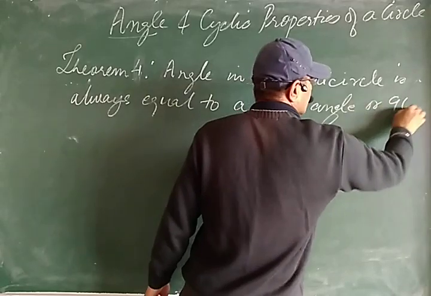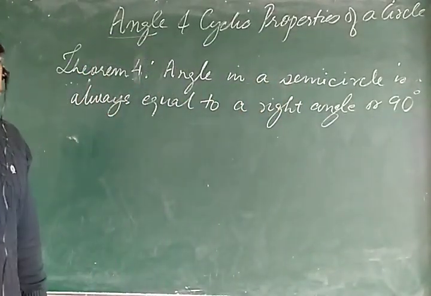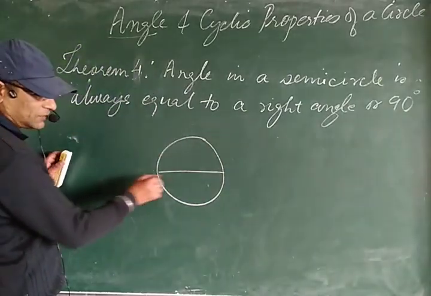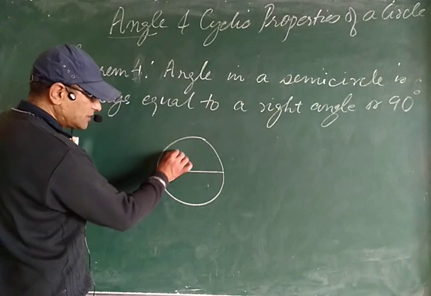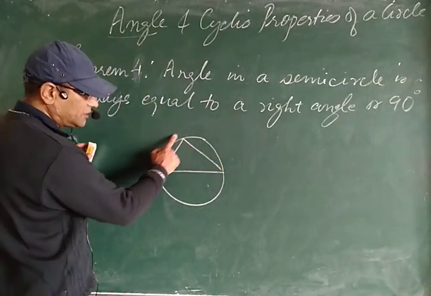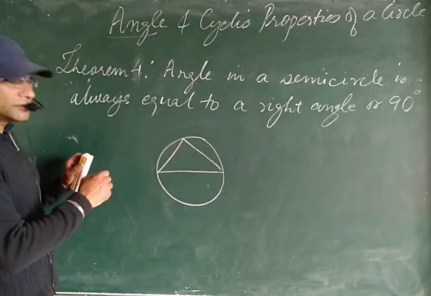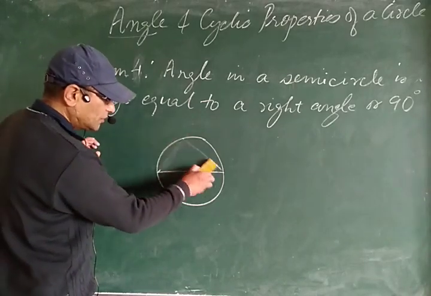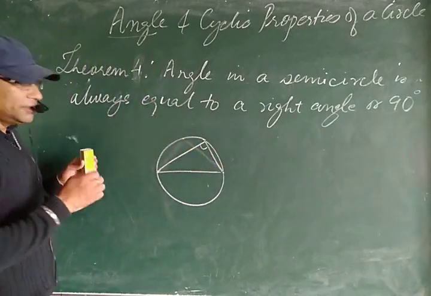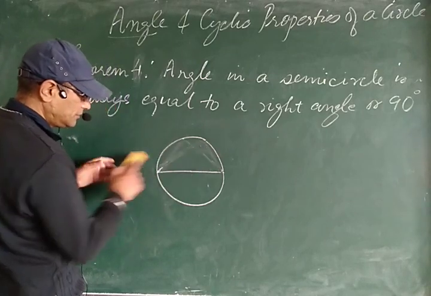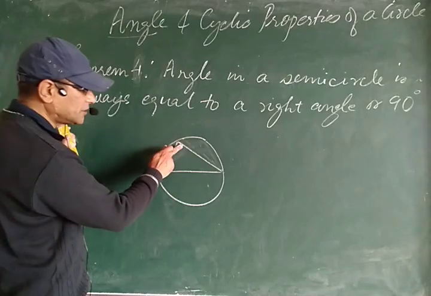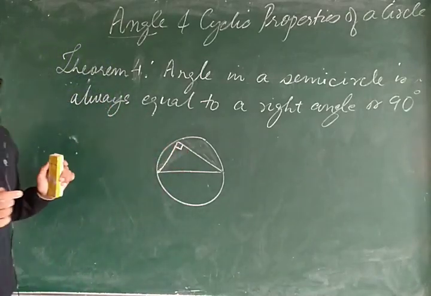So if an angle is formed in a semicircle, so this is a circle, let's draw a diameter which is passing through the center. An angle is formed in a semicircle. It may be formed at any of these parts of the circumference, at any of the segment. So if it is formed here, then also it will be 90 degree, or if it is formed here, it will also be 90 degree. We indicate 90 degree with a box.